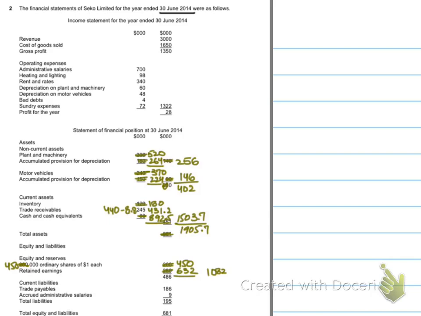Sorry for the alignment, it just gets messy. Then non-current liability, yeah, the 10% loan. So I'll add this. The 10% loan will be added. So this will be 100. Another 100 over here.